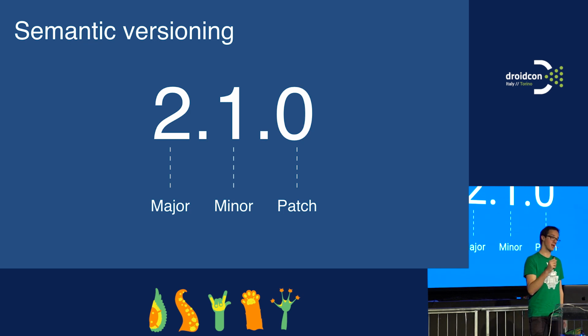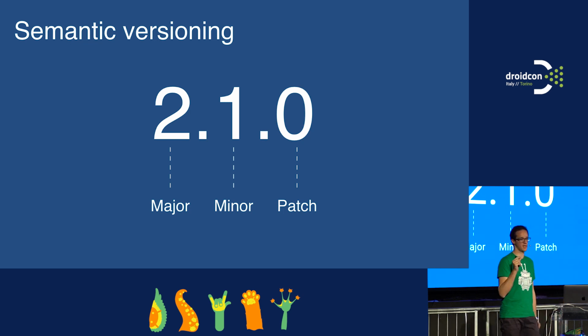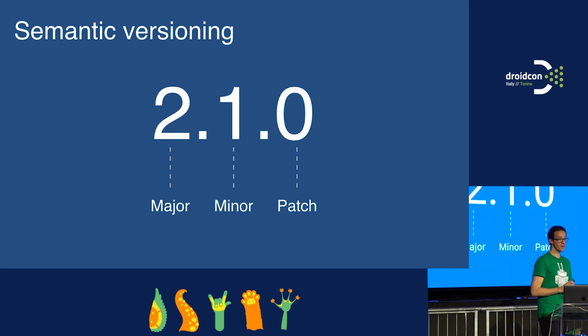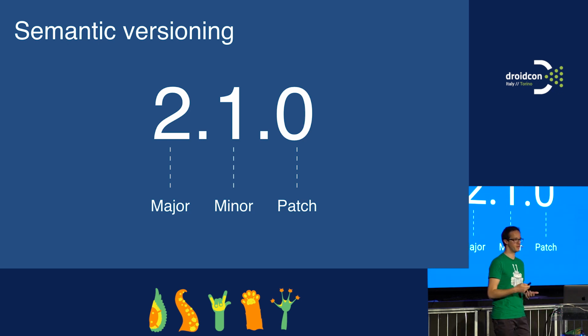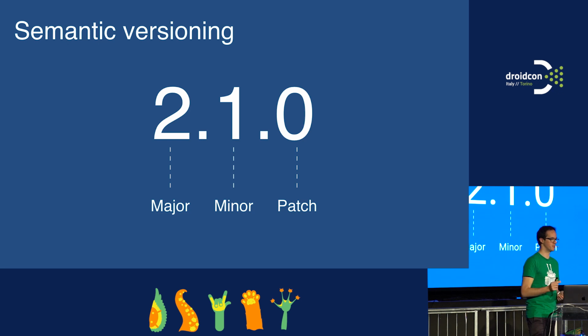Your clients should know that if there is a major update, there might be issues, some problems that they need to fix on their side because the API changed. Minor ones basically mean that you added some new features, but they were just new and didn't break anything that existed, while patch ones are very small changes like bug fixes.